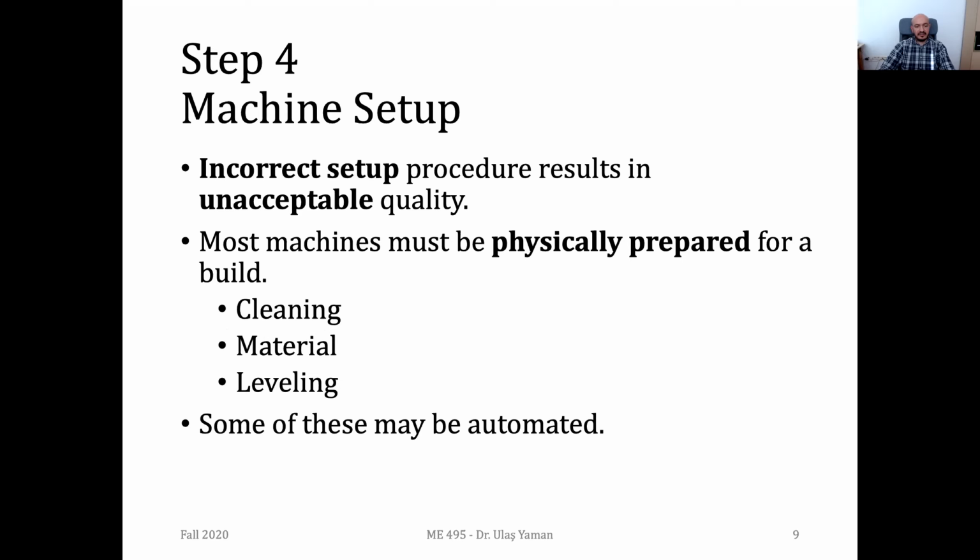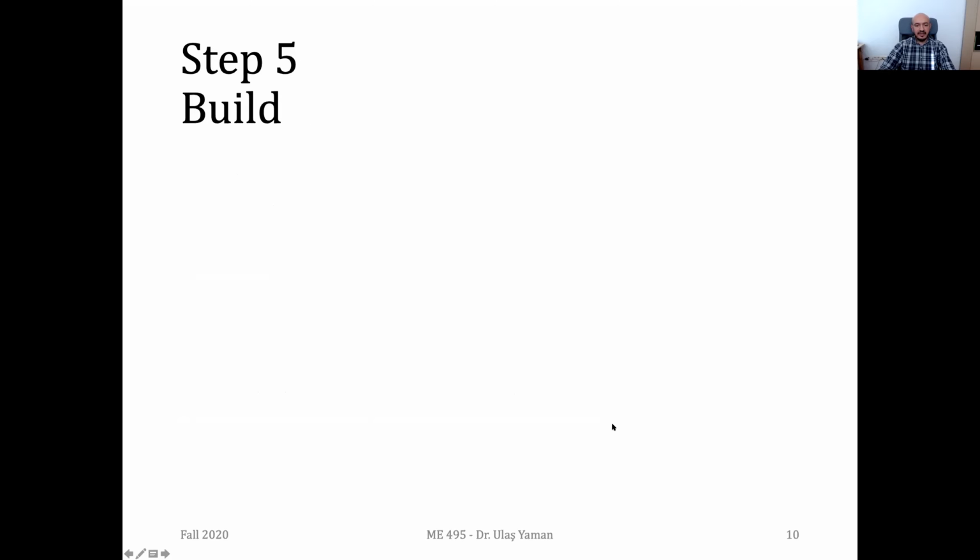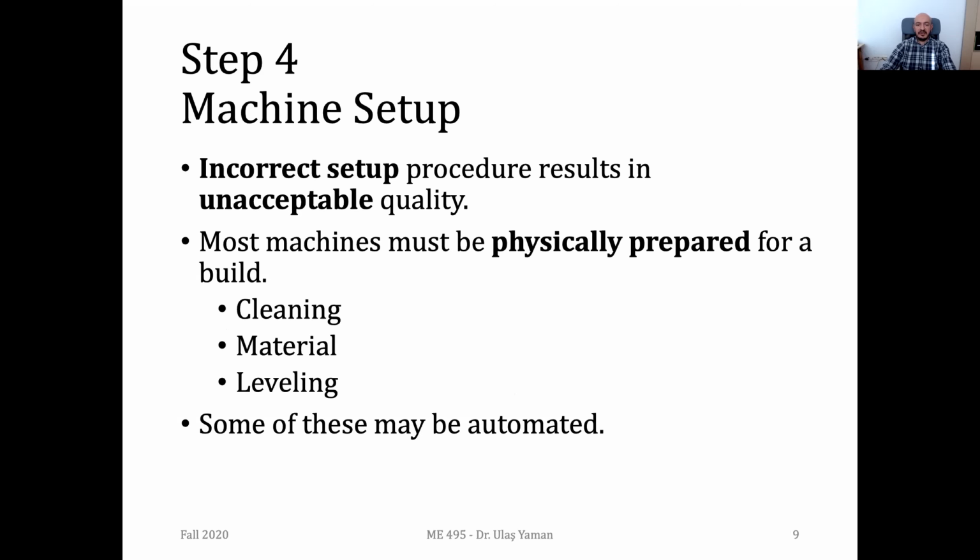You need to do these operations. And in some cases, if you are in high quality system, some of these steps are automated, but some primitive ones are not automated. You need to load your material yourself or unload it yourself, but in professional and expensive ones, we have mostly automated systems.